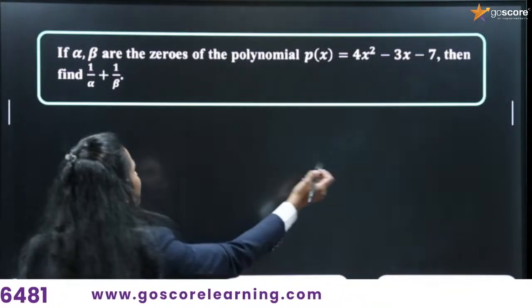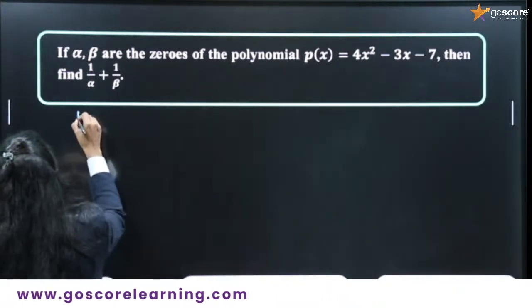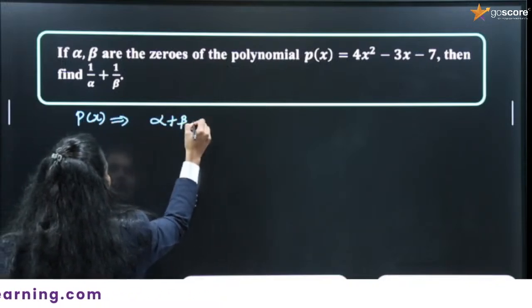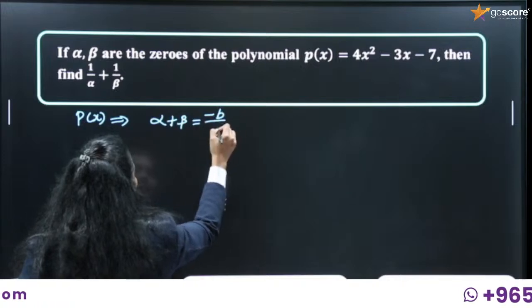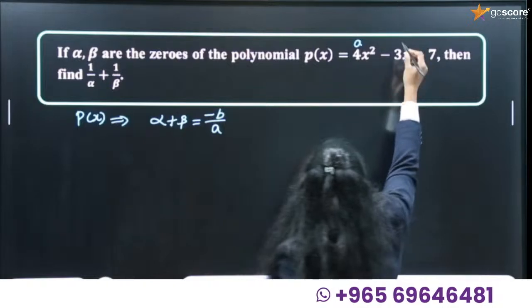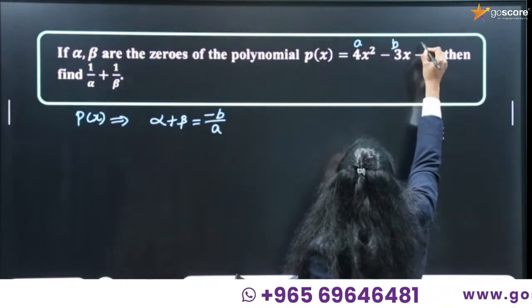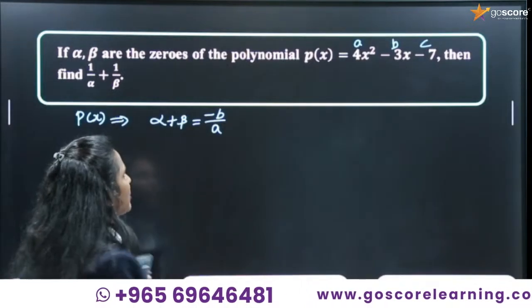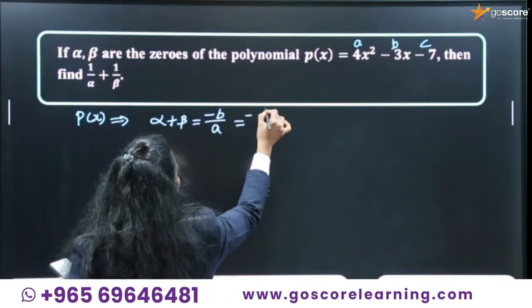Okay, now from p of x, alpha plus beta is equal to minus b by a. Here the coefficient of x square is a, coefficient of x is b, and the constant term is c. Now minus b by a means it is minus of minus 3.